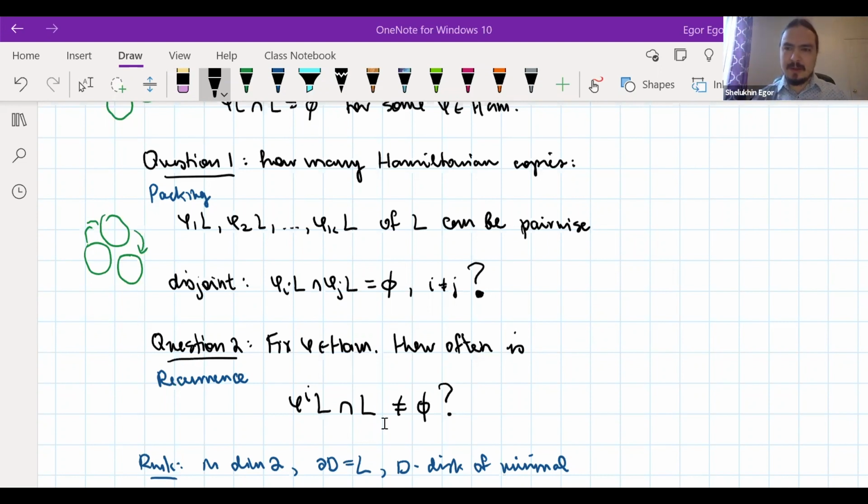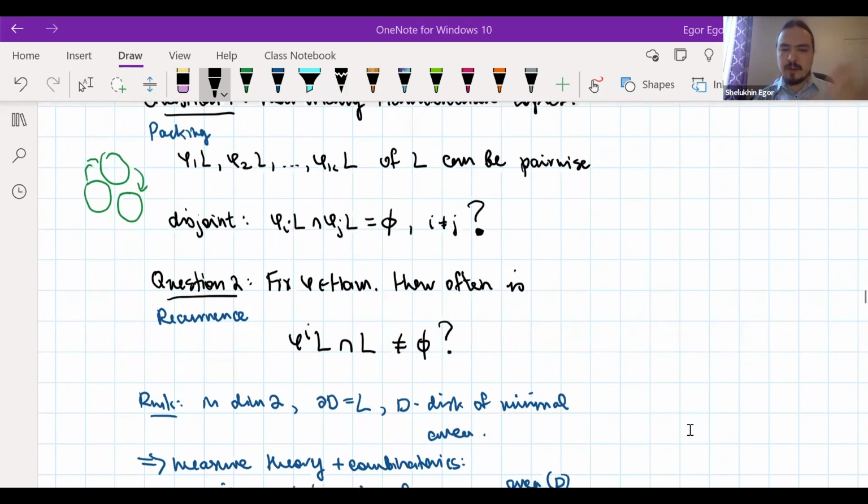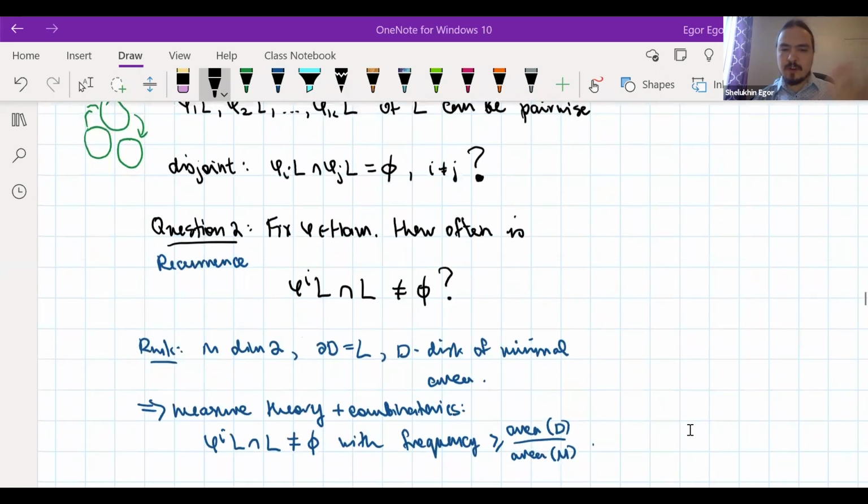In other words, for how many i is phi^i L intersect L a non-empty set? In dimension 2, this follows from area arguments: the frequency is the area of the smallest disk that L bounds over the area of M. Of course, L is displaceable, so it bounds the disk.